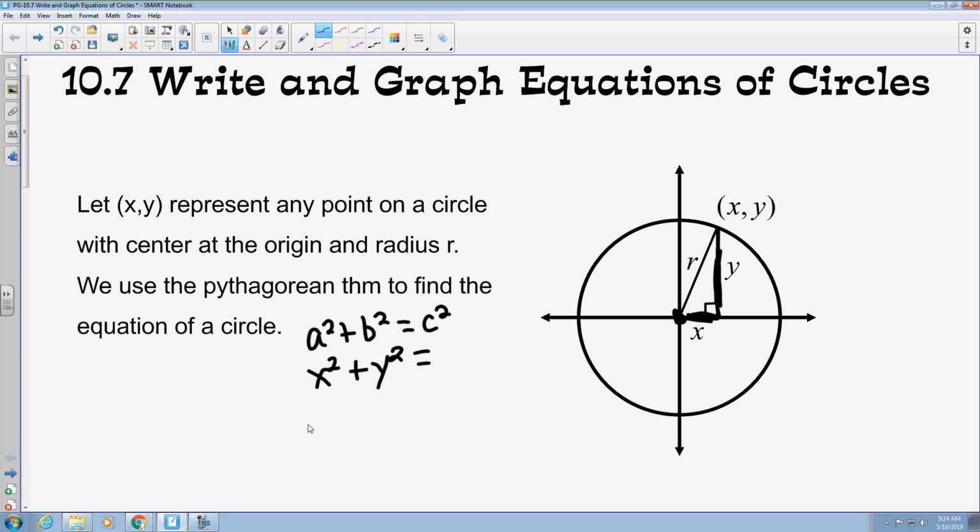And it's going to be equal to the hypotenuse, which we'll represent as the radius, r, so this is r squared. So anytime we have a circle that is in the center of our coordinate plane, it can be represented by x squared plus y squared equals whatever the value of r is squared.